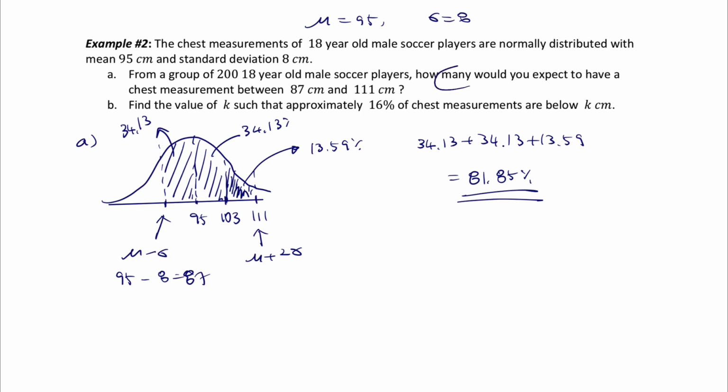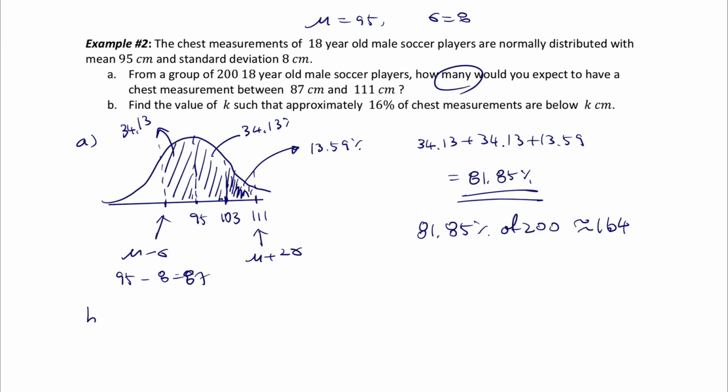However, we need to know how many. So we have to multiply the 81.85% by the 200. So 81.85% of the 200 is about 164. Okay, so we can expect that about 164 of the soccer players have a chest measurement between 87 and 111 centimeters.